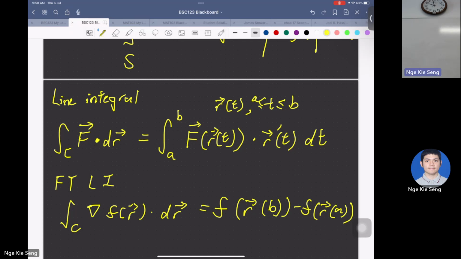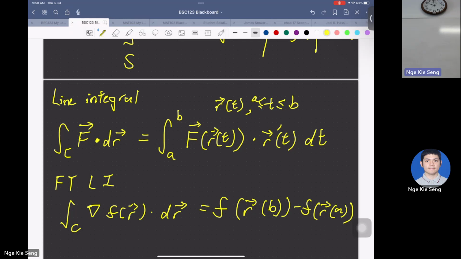And then you come to Green's theorem. Just now we already repeated the higher version, Stokes' theorem. It's the same as Green's theorem. You integrate around a simple closed, positively oriented, piecewise smooth curve. This line integral is equal to the surface integral of the curl of the vector field. After that, we have curl.